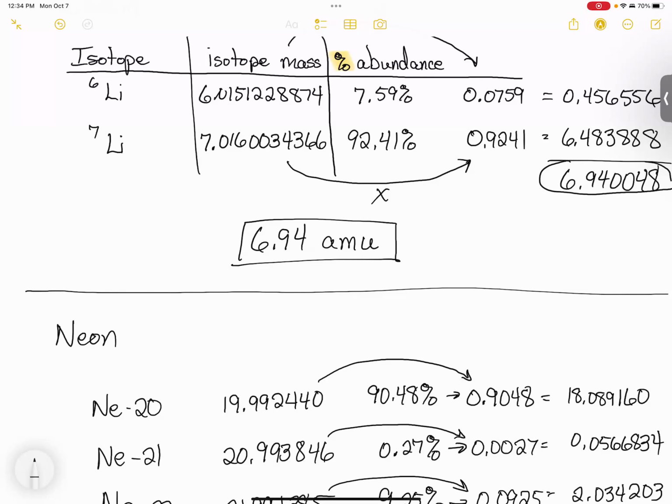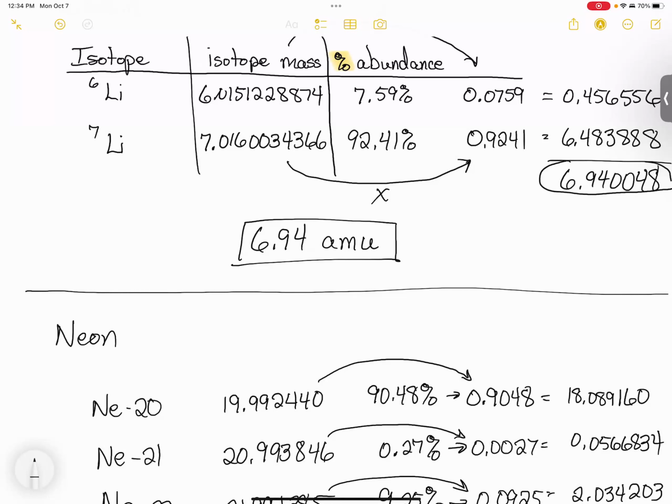Where did this number of 7.016003 come from? Well, it came from the fact that lithium 7 has 3 protons, 3 electrons, and 4 neutrons. Using a much more specific number than what I gave you here, you would get the atomic mass unit that is illustrated right there for the isotope mass.